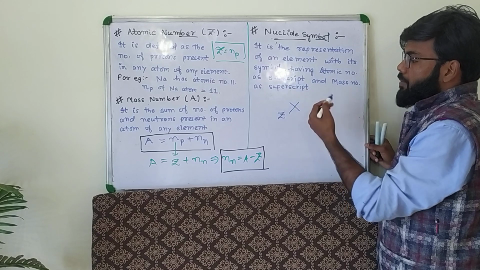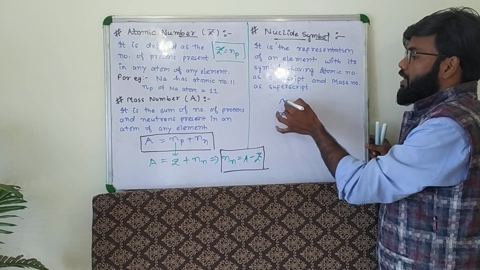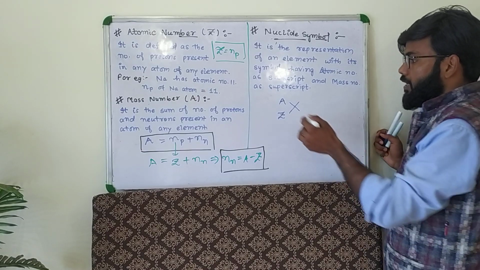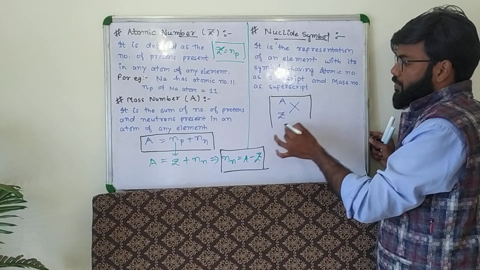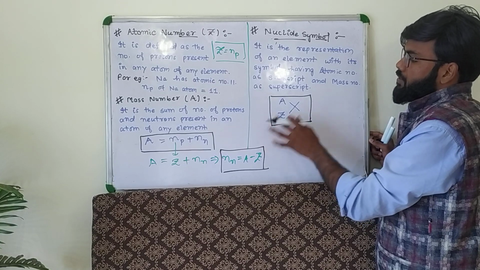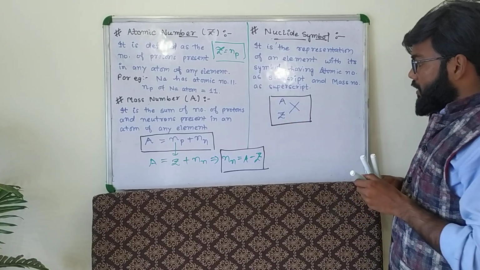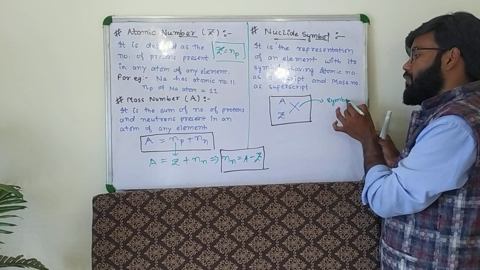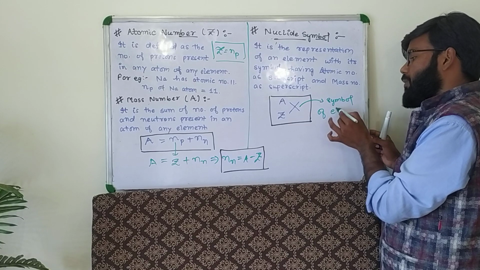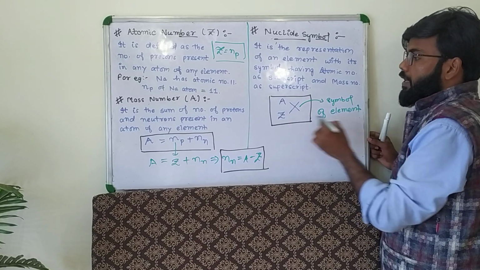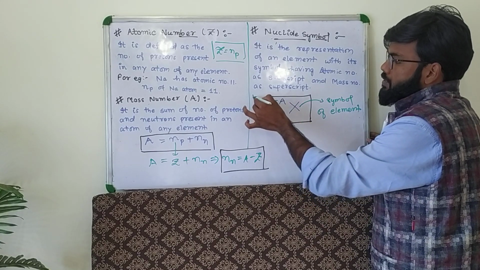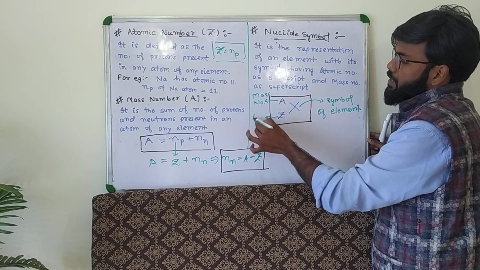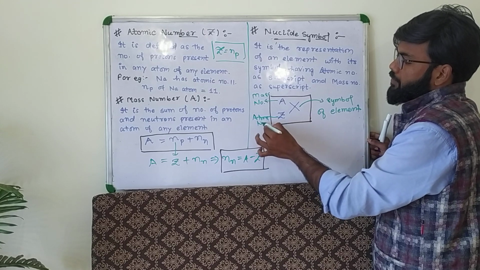Mass number is represented by capital A, so I will write it here, A. So this is the general representation of any element, the nuclide symbol. It is the general nuclide symbol representation, where X represents the symbol of the element, A is the mass number, and Z is the atomic number of that element.